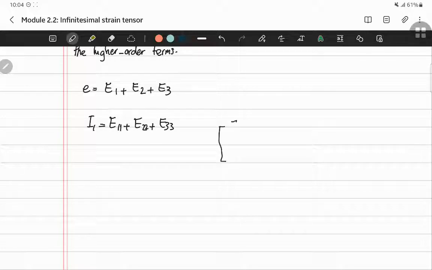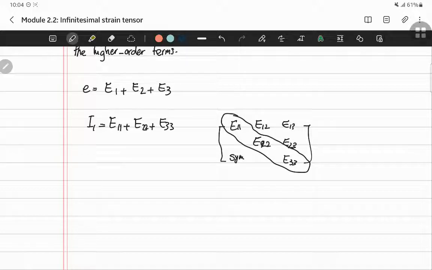Because we had E11, E12, E13, E22, E33, and E23. This is symmetric. So the summation of the diagonal elements here simply gives us the dilatation.